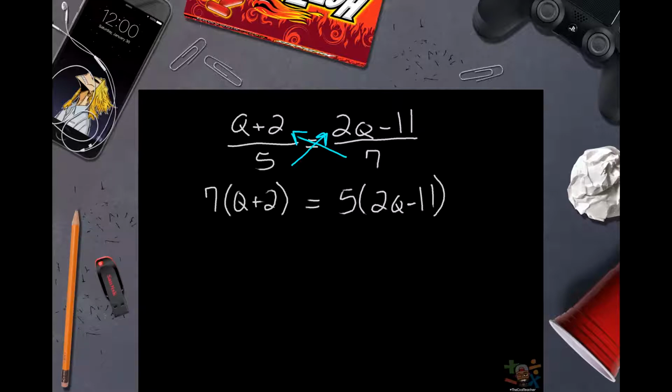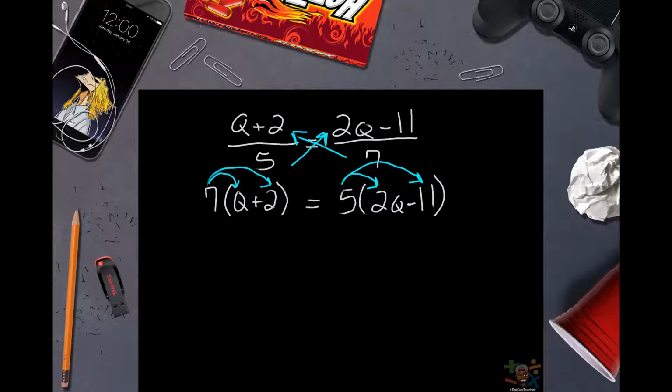The distributive property means that whatever's on the outside of the parentheses is going to be distributed to the inside of the parentheses by multiplication. So this is going to be 7 times Q and also 7 times 2. And this is going to be 5 times 2Q and 5 times 11.